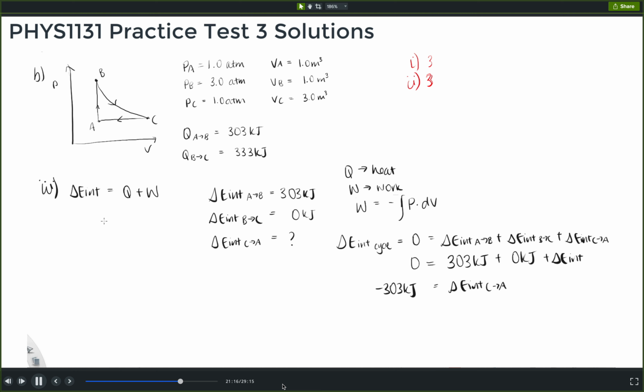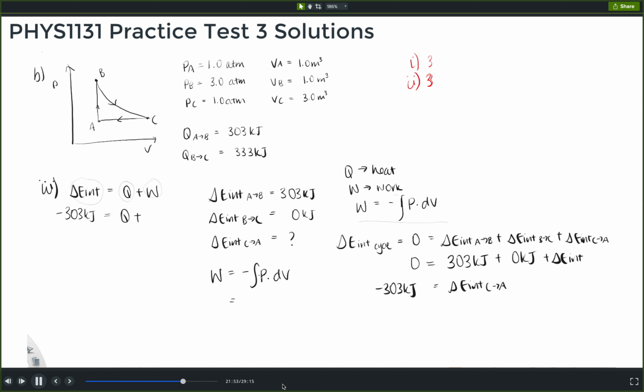So that's great. We want to know, though, what this Q is. So now we've worked out the internal energy, we now need to work out what work is. Now, how are we going to work out what the work is? Well, we've been given a formula for work here. As the system goes from C to A, we can see that the gas is actually compressing, going from 3 cubic meters to 1 cubic meter.